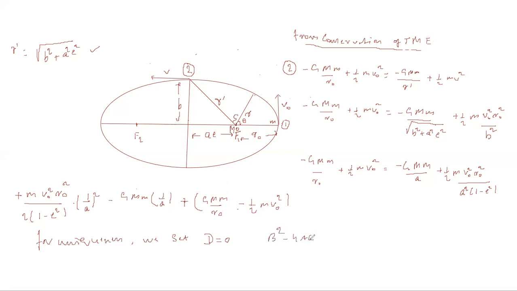This is the discriminant. This should be equal to 0, which implies that b square, the coefficient of 1 by a term, the square of that, should be equal to 4 times the coefficient of 1 by a whole square term and the last constant term c. So this will be equal to 4ac.